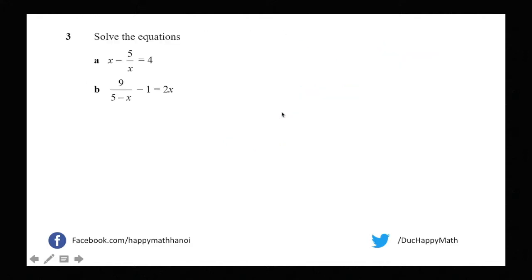Question B. We change the denominator to 5 minus x, which means 5 minus x in here over exactly 5 minus x, and you get 2x. And 5 minus x. So we have the same denominator in both of them.